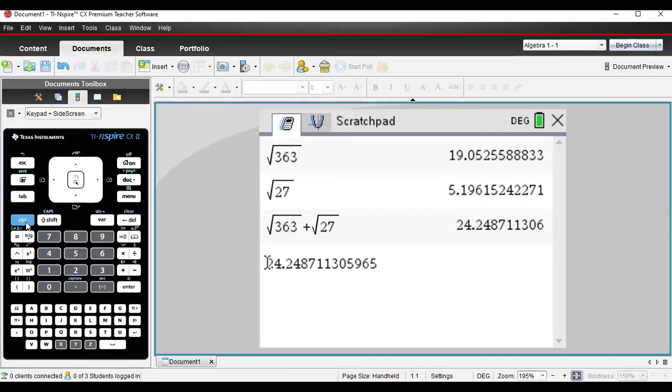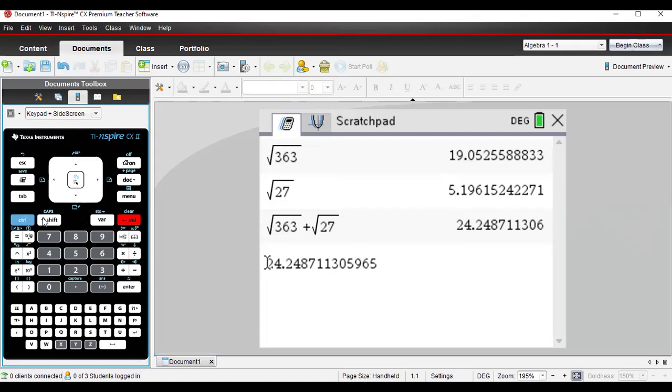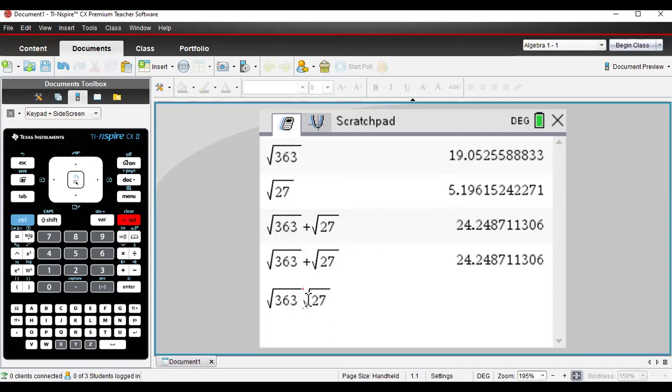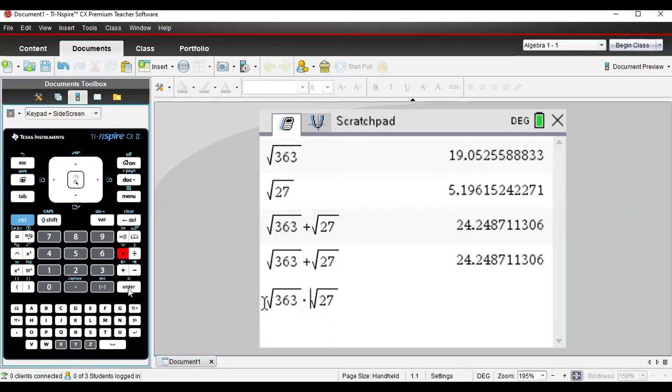Let me get rid of this and we'll try that again. Control delete. And then I'm just going to copy this, and change this from a plus to multiplication, and then I press enter.